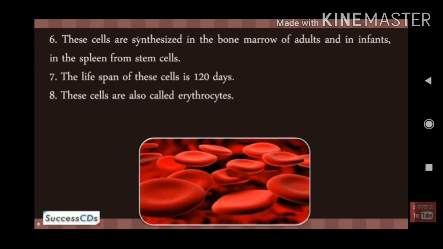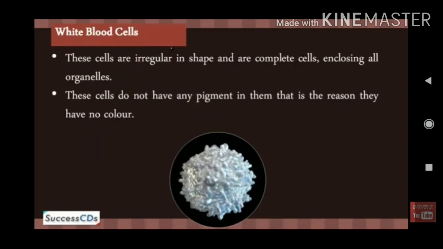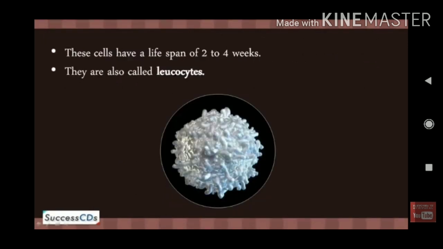Next we will see the second blood cell, the white blood corpuscle. The white blood corpuscles are colorless. They are called defense cells because they produce antibodies to fight against foreign particles or microbes. They are irregular in shape and have a nucleus. They show amoeboid movement.